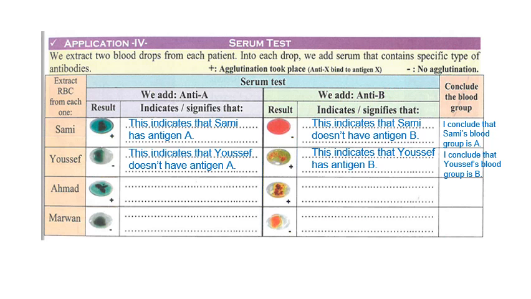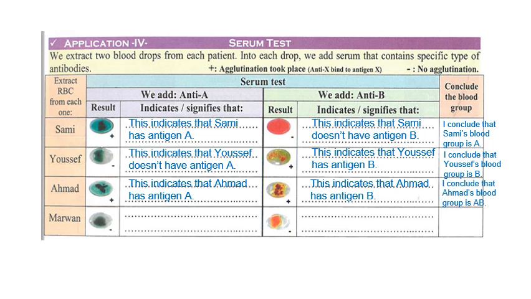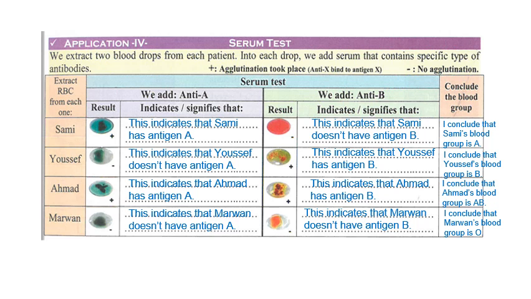There is agglutination, which means that Ahmad has antigen A. The same with antibody B, positive. So Ahmad has antigen B. I conclude that Ahmad's blood group is AB. The last one, Marwan, negative with anti-A, so Marwan doesn't have antigen A. And negative with anti-B, so Marwan doesn't have antigen B. I conclude that Marwan's blood group is O.